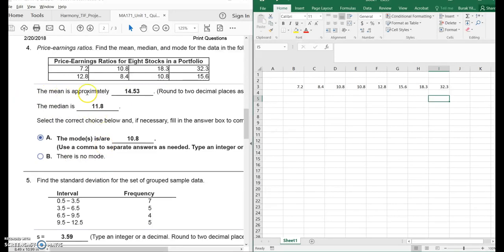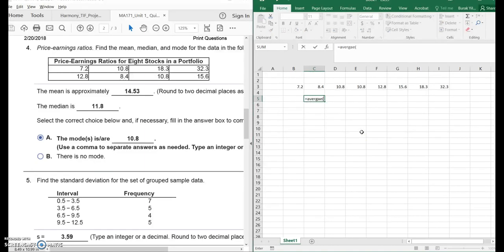So let's do the mean first. You can also use Excel formulas to easily calculate the mean without using an actual calculator. Here you can just type average.